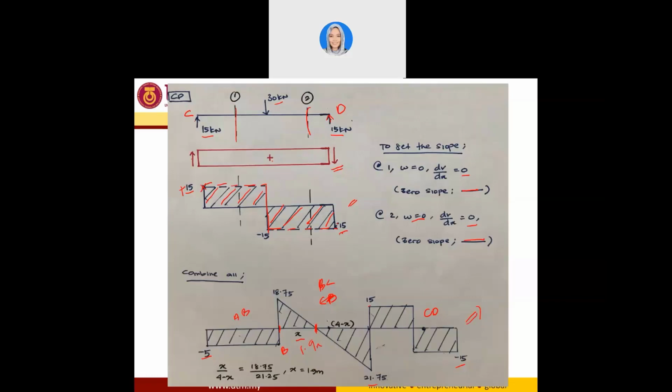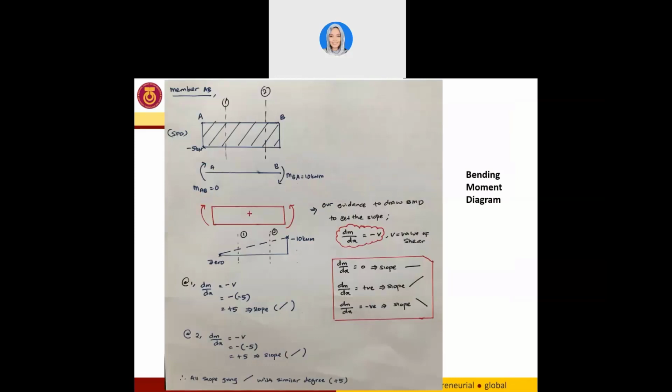Okay, so let us see how you could draw your bending moment diagram for our member. Similarly, I choose first here to draw it member by member in order for you to get a clear idea of how to draw your shear force and bending moment diagram, because you need to have a full understanding to get the diagram here in order for you to have an easy process of drawing this diagram when you enter into frame structures.